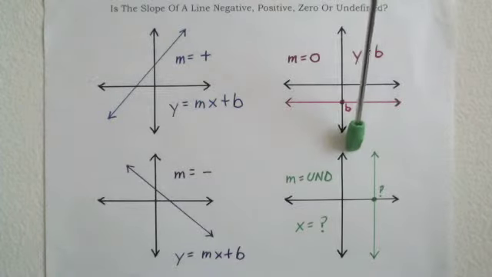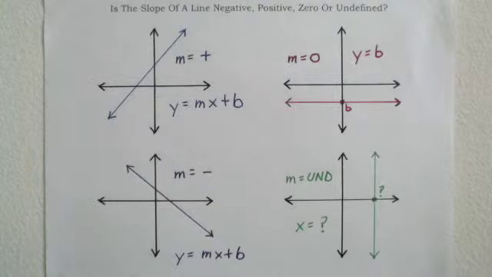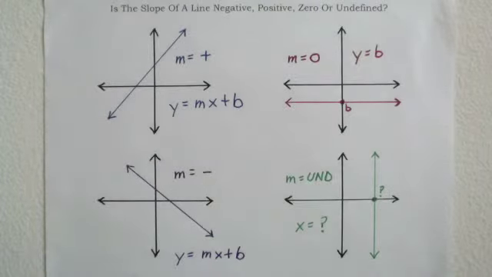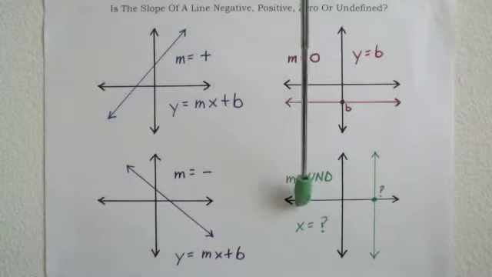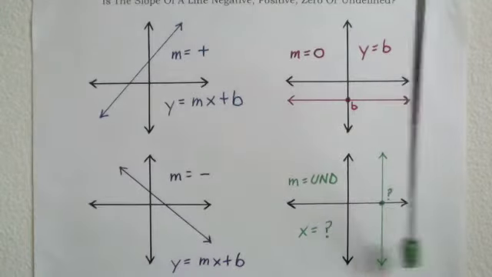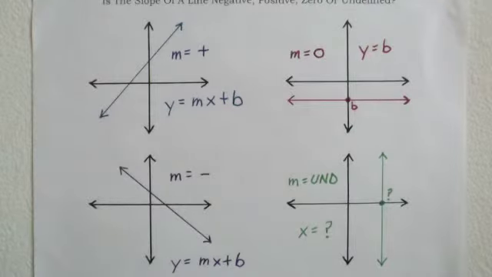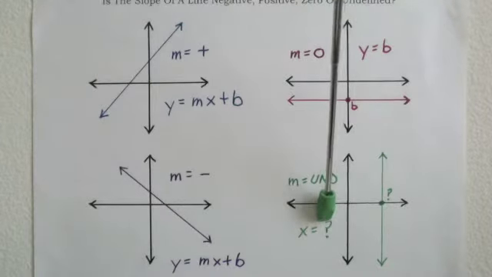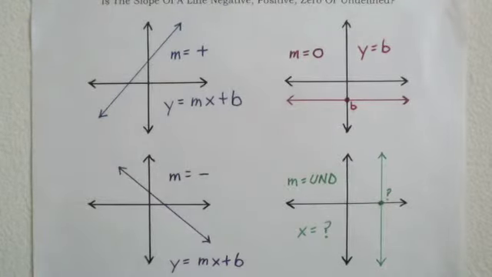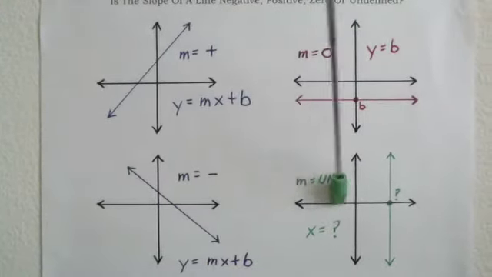In this example, the vertical line does not cross the y-axis unless it lies on the y-axis. The way you write the equation for a vertical line is x equals something. Vertical lines are the only lines that have an equation x equals something, and that something is the location on the x-axis.